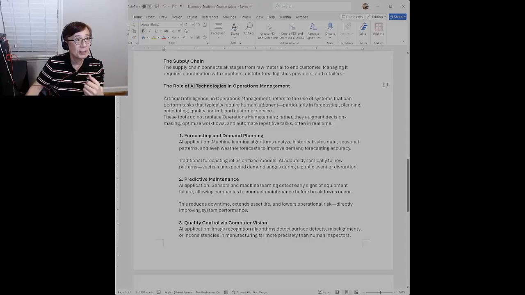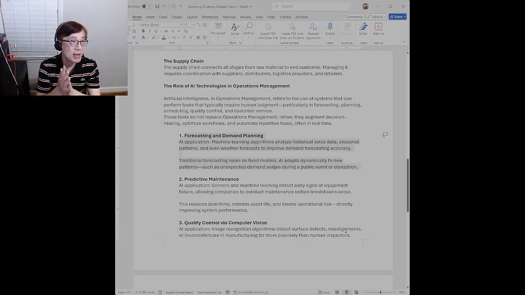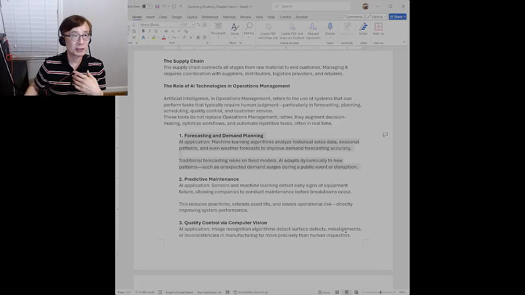The first area that AI is involved quite a bit in operations management is forecasting and demand planning. So forecasting is a big thing, right? Forecasting is one of the important chapters in operations management.